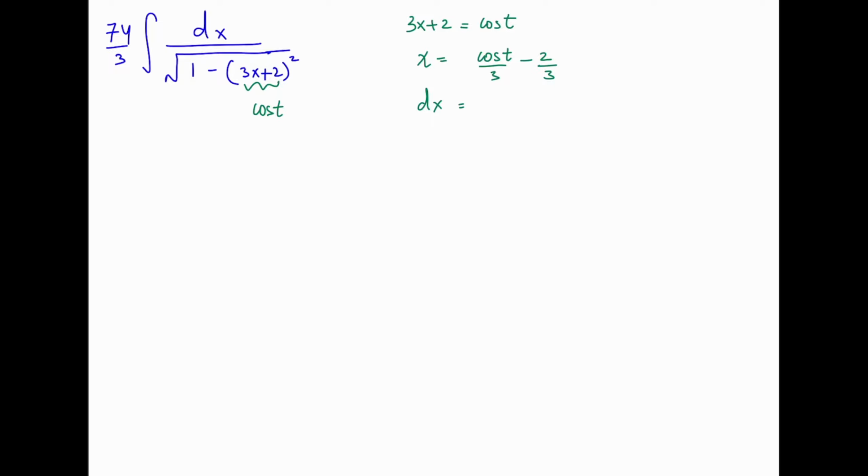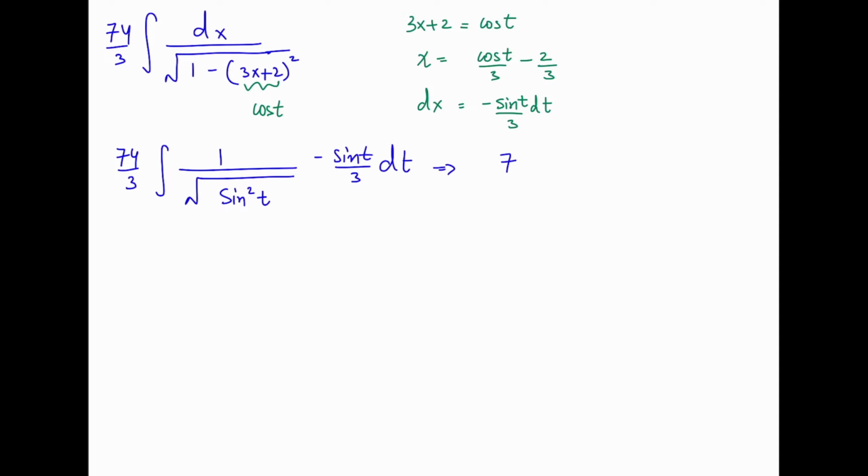Hence dx will be equal to this. So now, because we've been doing this for so long, the square root simplifies to just sine squared of t. The dx will just be this times dt, which eventually becomes 74 divided by 9. I'm going to bring this 3 outside here with this. This will be negative, brought out, sine of t divided by sine of t.